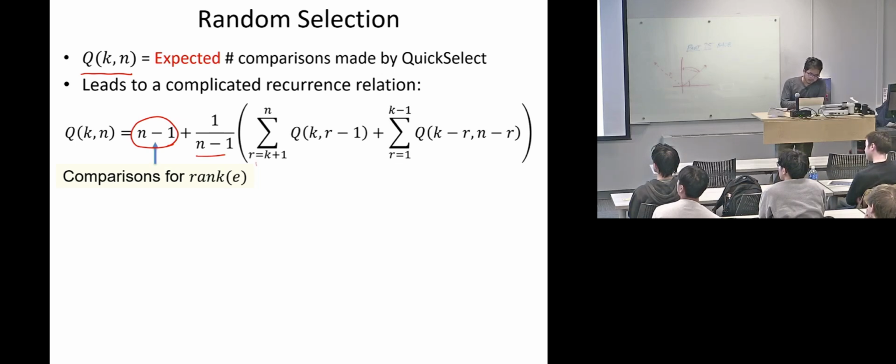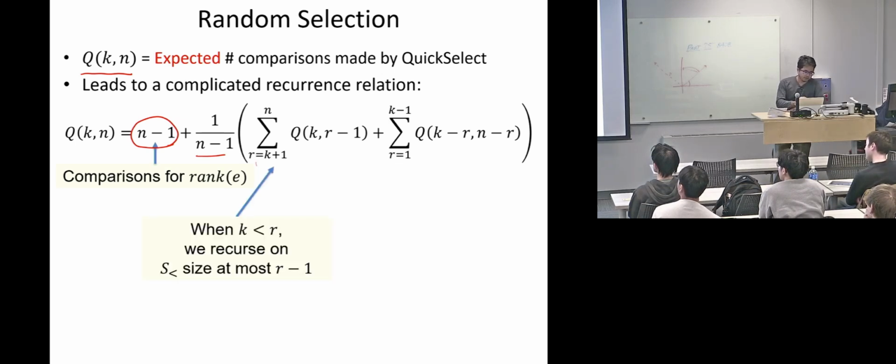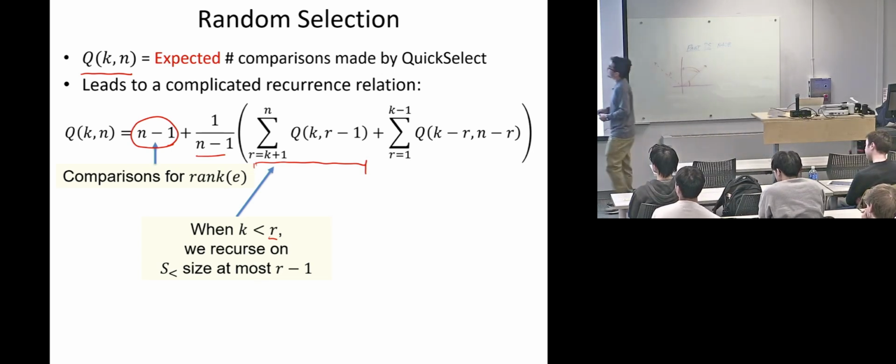This is the time you need to spend when k is less than the rank of E, so you recurse on the left side here.